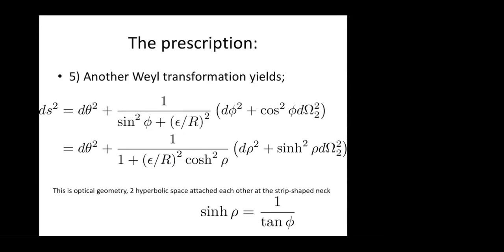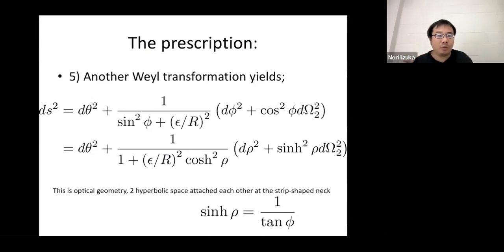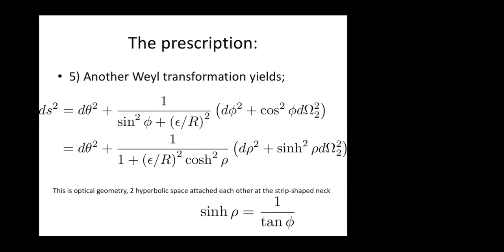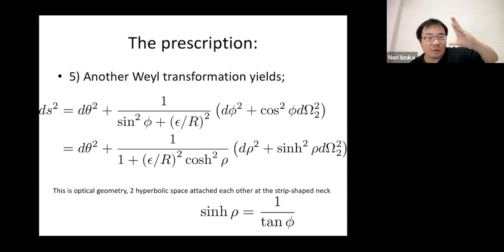If you have only one side, you have one Euclidean AdS. But because we have a left Euclidean AdS and a right Euclidean AdS, they are attached smoothly by the epsilon. So the final geometry is Euclidean AdS cross S1 for the left contribution and the right contribution, but they are smoothly attached like one whole on the cylinder, and that's this geometry.